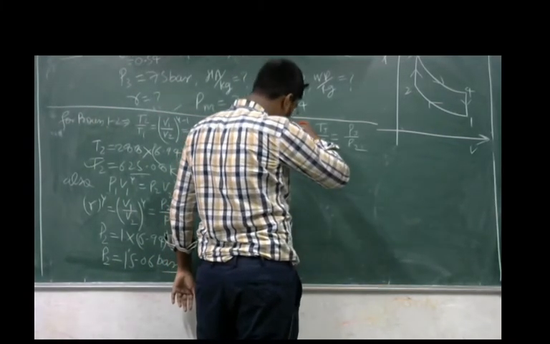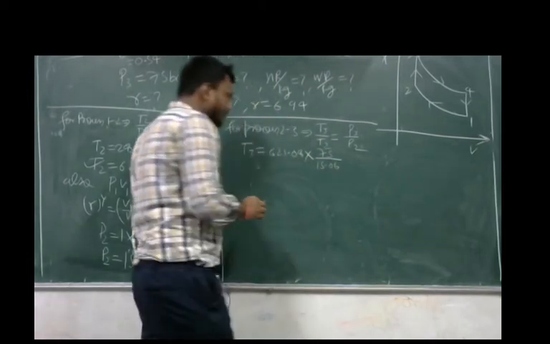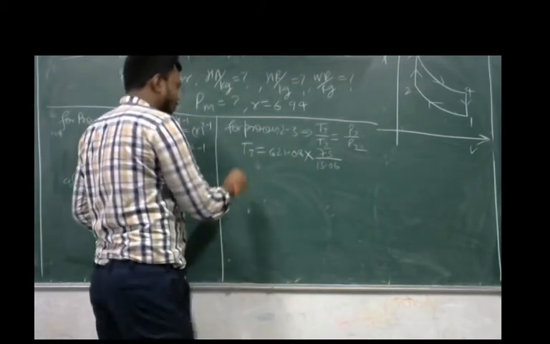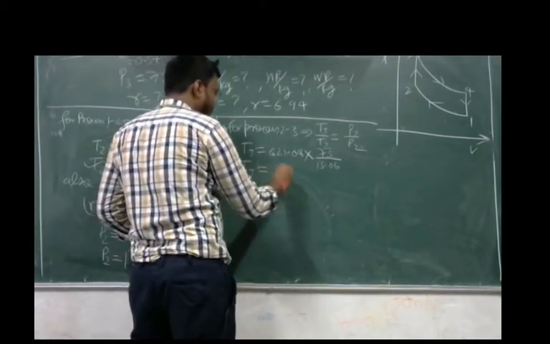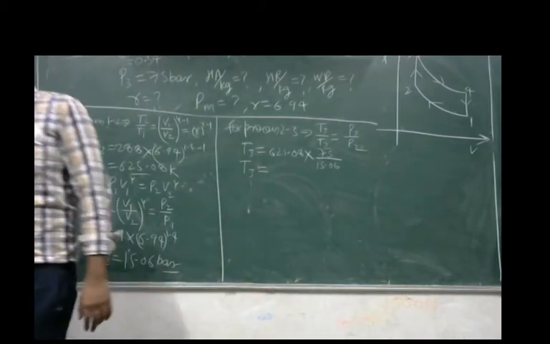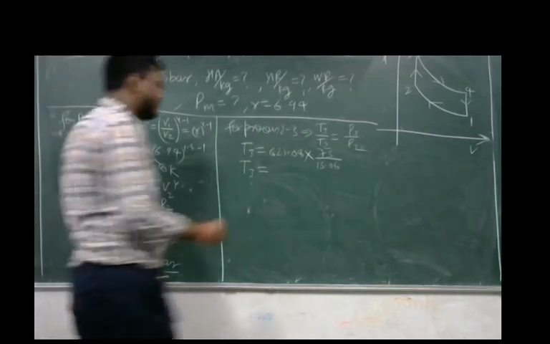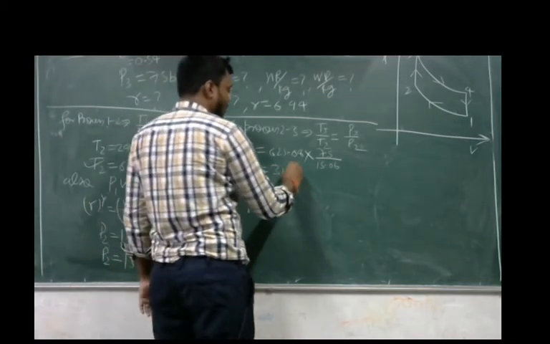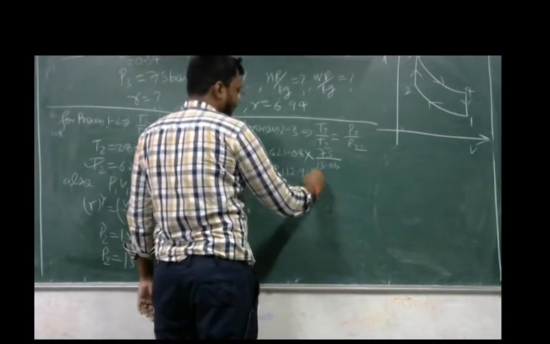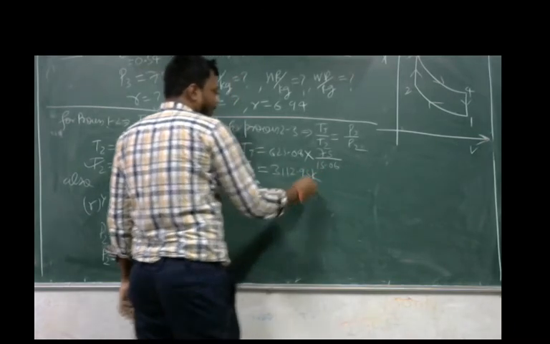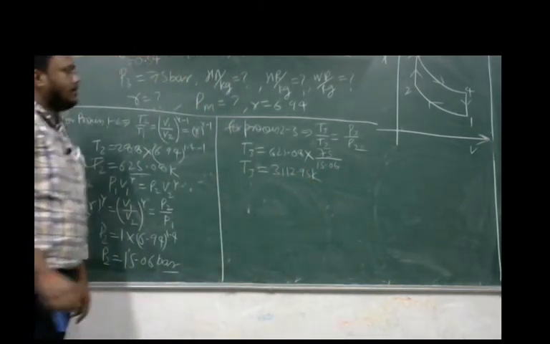Okay. So after calculating this value, you will get T3 equal to 3112.95 Kelvin. Okay. So this is the value of T3.